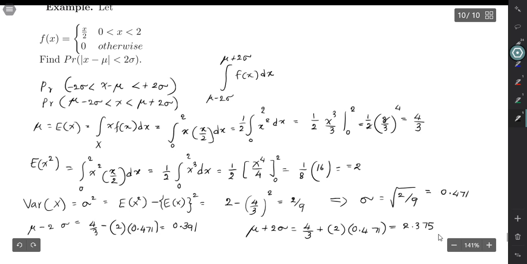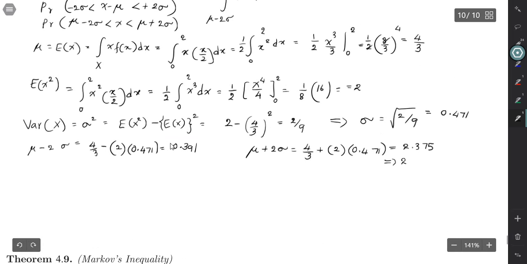Although mu plus 2 sigma is 2.375, our support of x stops at 2. So you have to use 2 here, otherwise your integration is wrong, because for any value greater than 2, the function is 0.